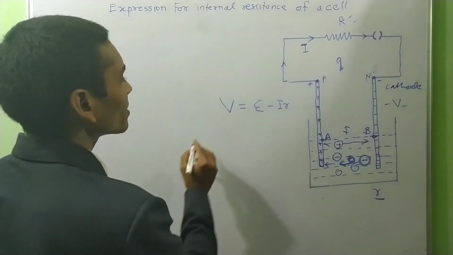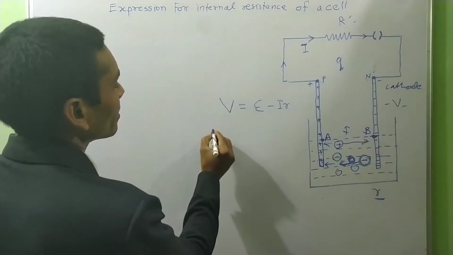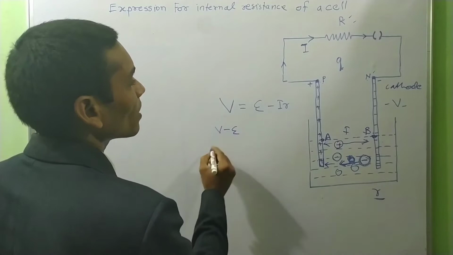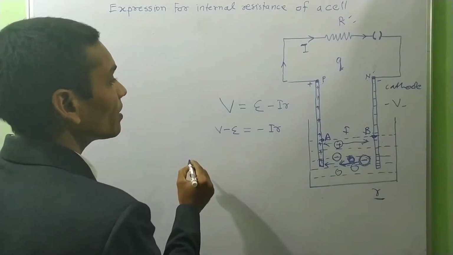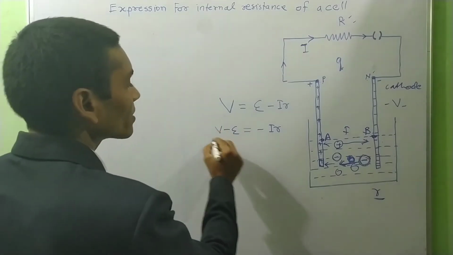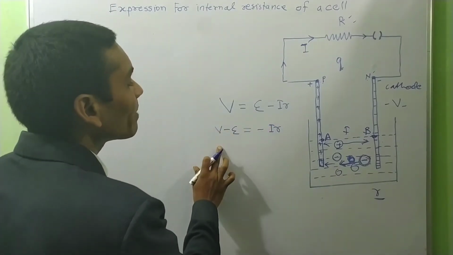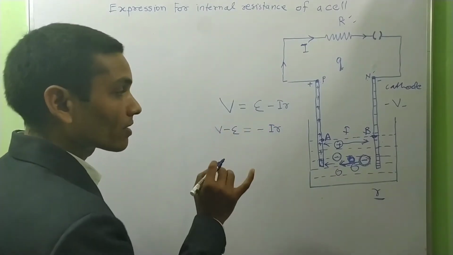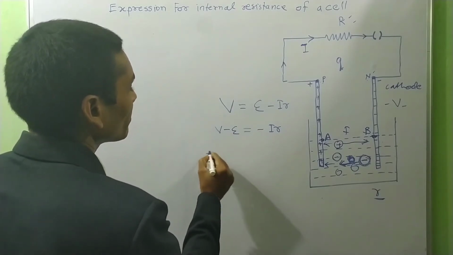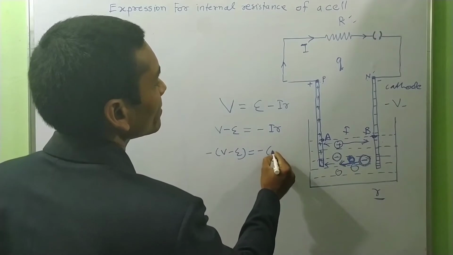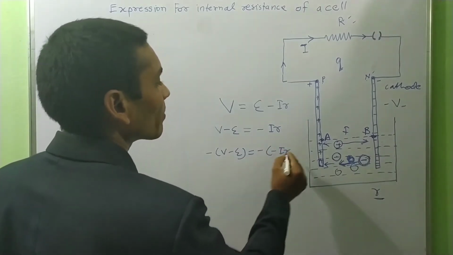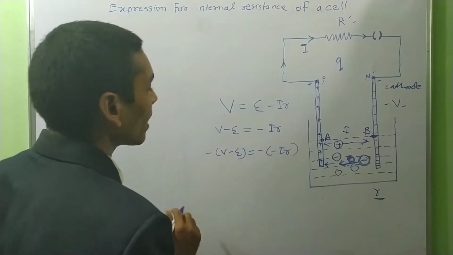From this equation it can be written as V minus epsilon equals minus I r. Here we can multiply by minus on both sides. So minus V minus epsilon equals minus I into r.